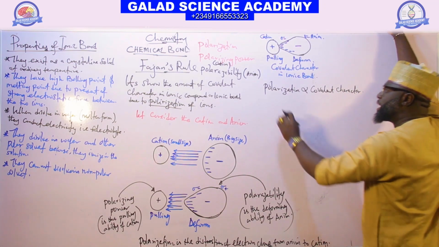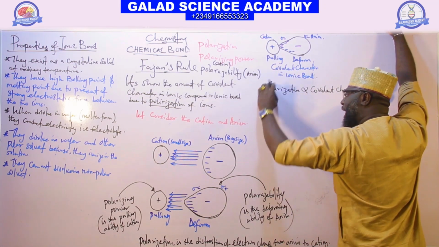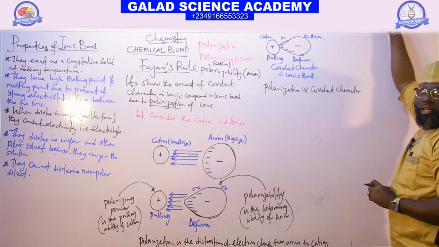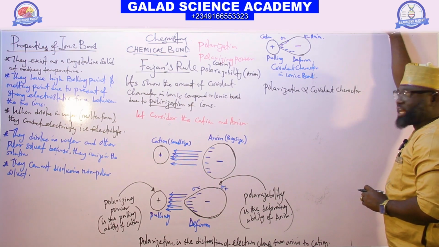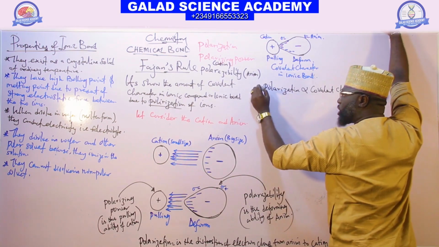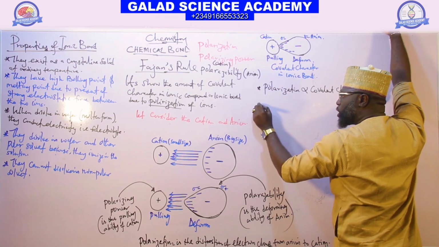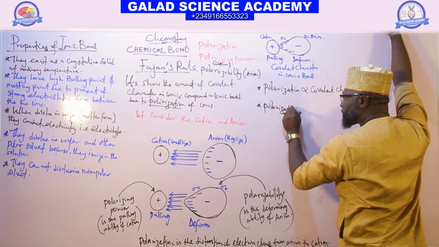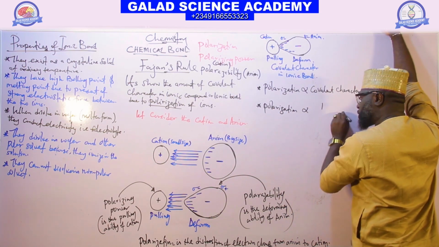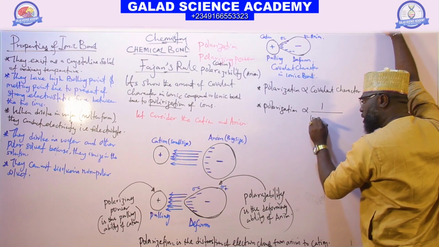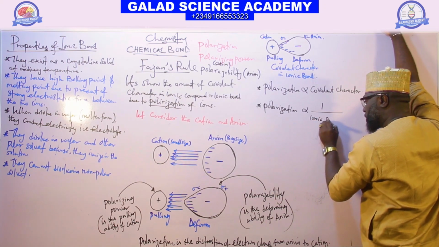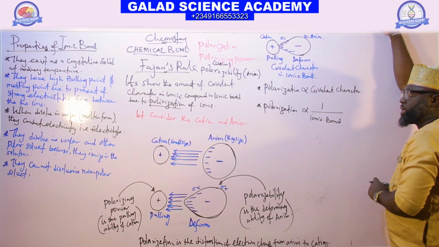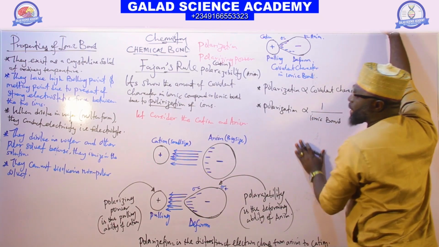That is, the higher the polarization, the higher the covalent character. And you can also have it in this form too: polarization is inversely proportional to ionic bond, or ionic character.